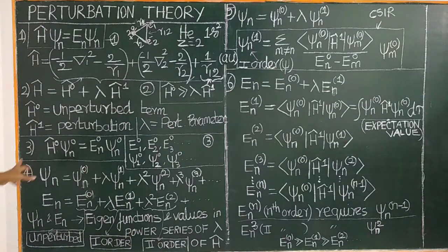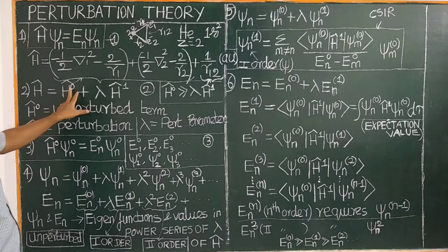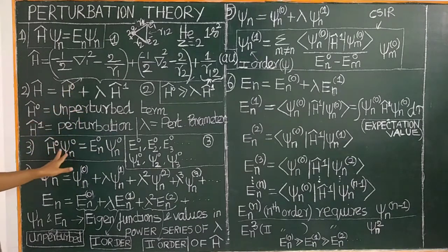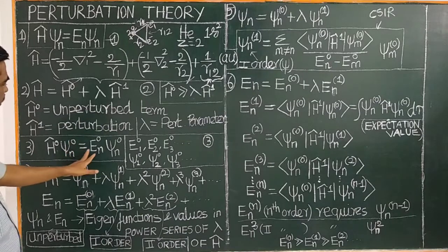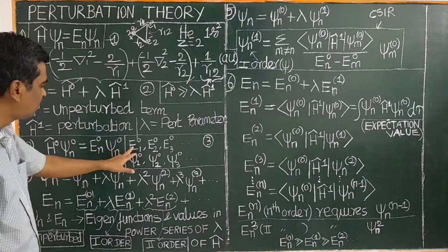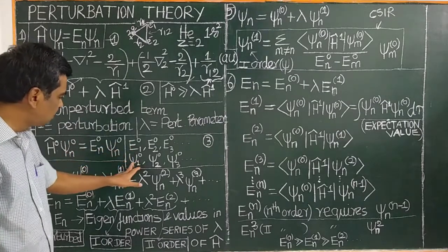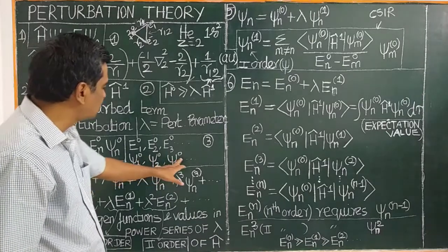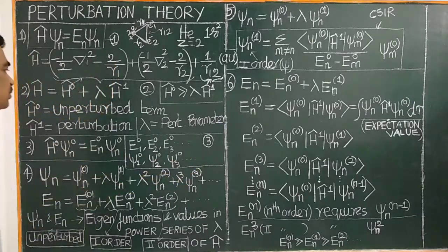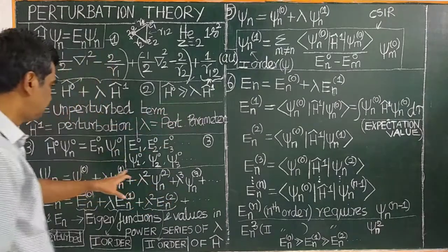Now, let us see the Schrödinger wave equation, or the eigenvalue equation, for H cap naught: H cap naught psi n naught equals En naught psi n naught, where psi 1 naught, psi 2 naught, psi 3 naught are the eigen wave functions of the unperturbed Hamiltonian.